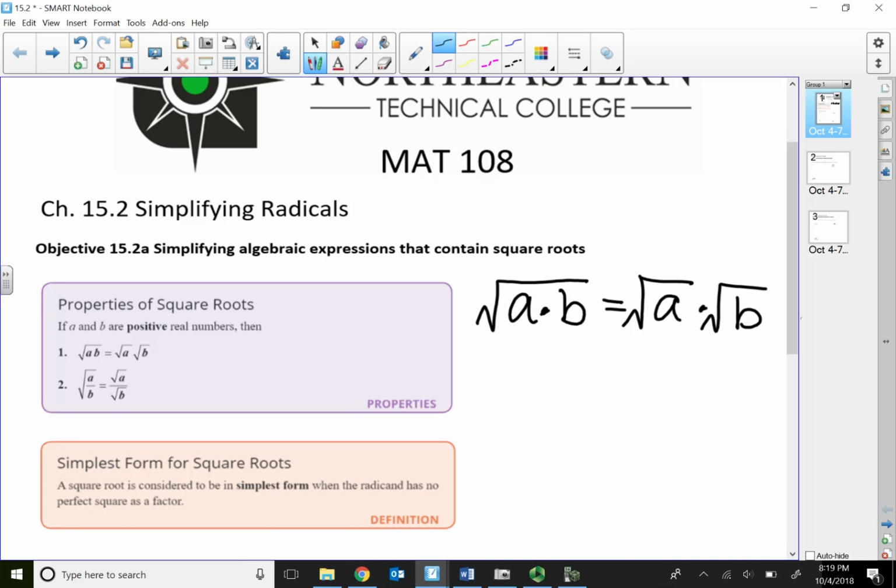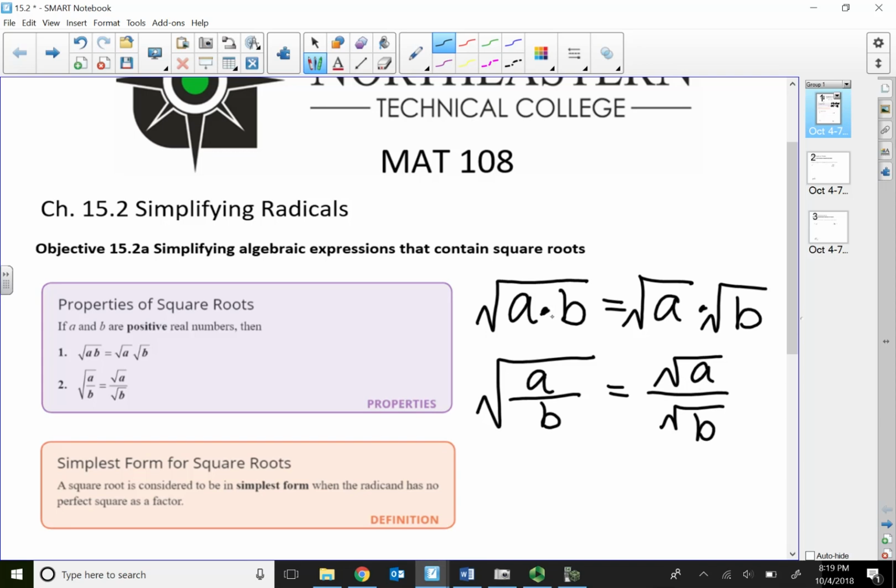Same thing for division. The square root, or any radical, of A over B can be rewritten as the square root of A over the square root of B, because A and B were initially under the same radical. Because it's one term, we can split them up as two separate radicals.